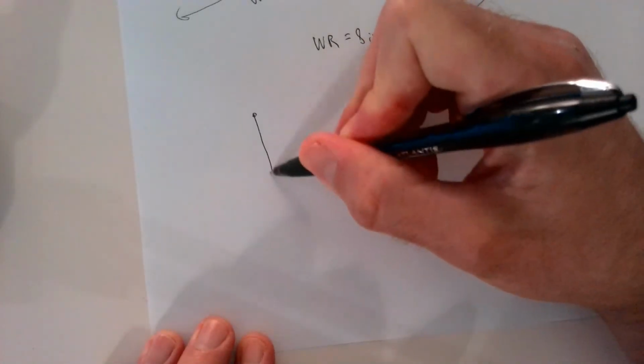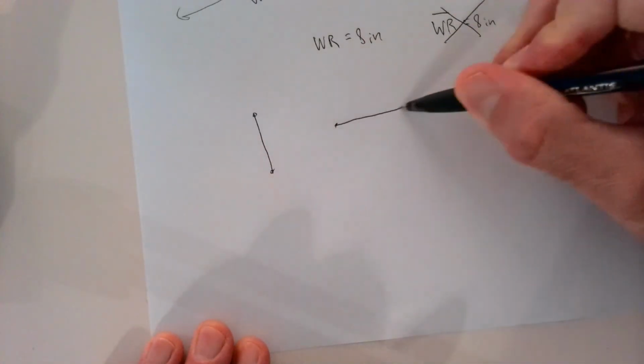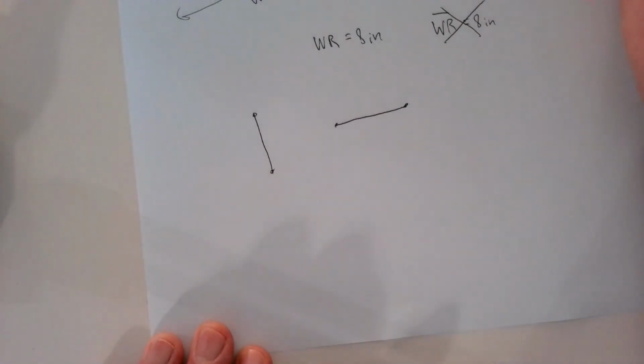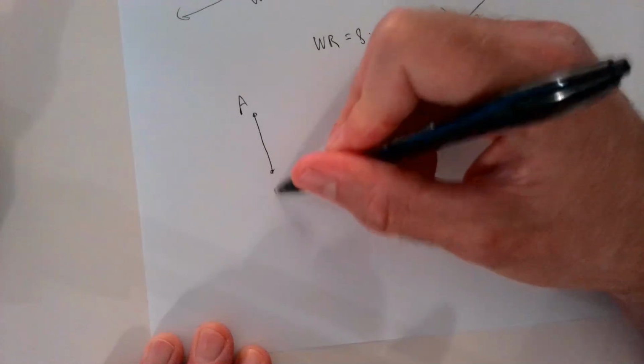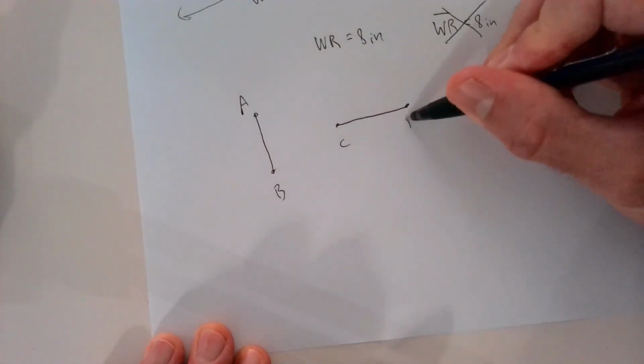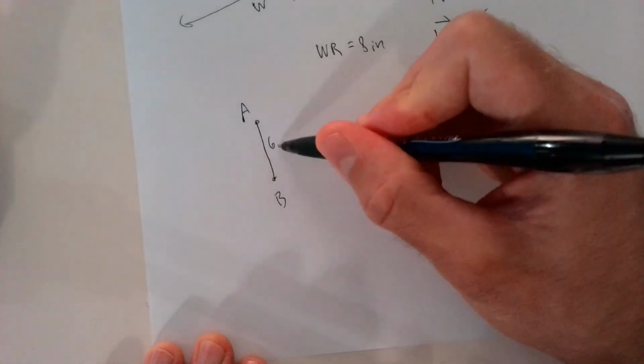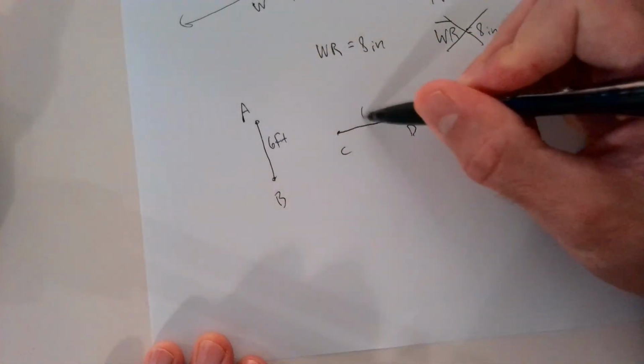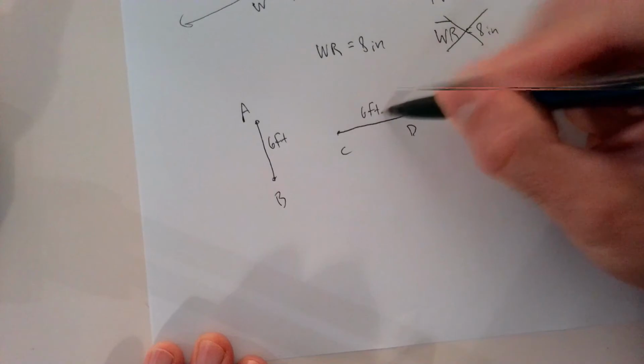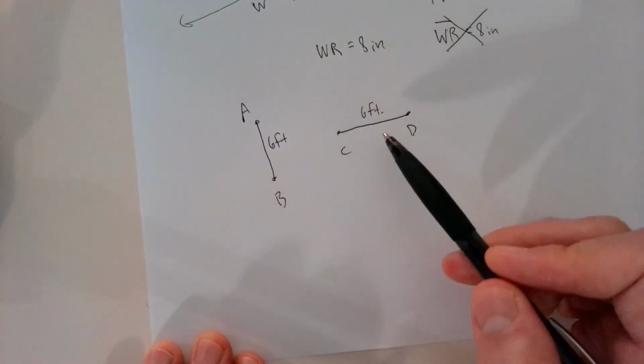So for example, let's say I have two segments over here. I don't know, let's say you already used W, T, and R. How about A, B, and C, D? Now, let's say that both of these segments are 6 feet. Not drawn to scale, obviously. So, those are both 6 feet.